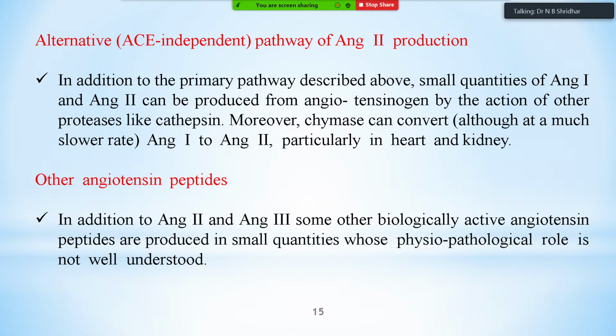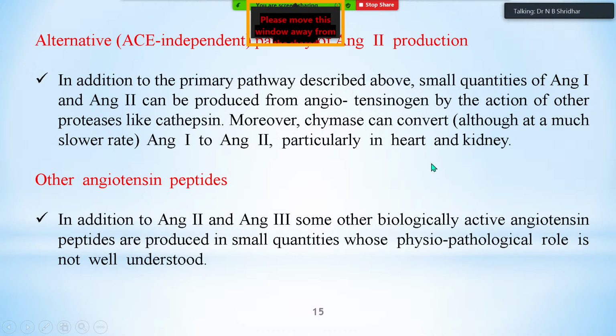In addition to the primary pathway described above, small quantities of angiotensin 1 and 2 can be produced from angiotensinogen by the action of other proteases like cathepsin. Moreover, kinases can convert angiotensin 1 to 2, particularly in the heart and kidney.